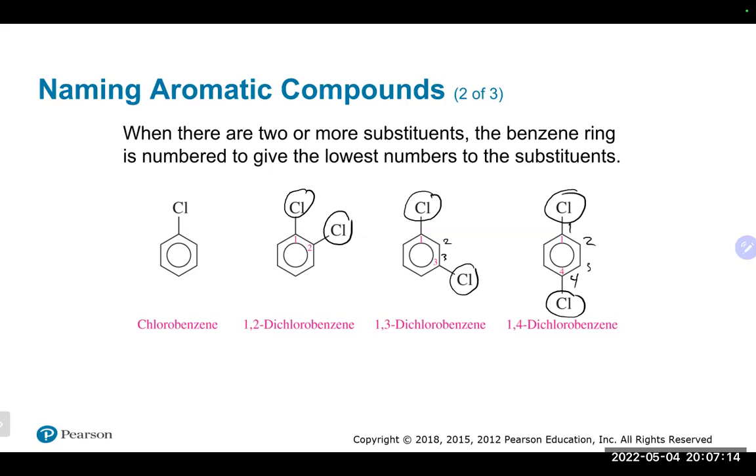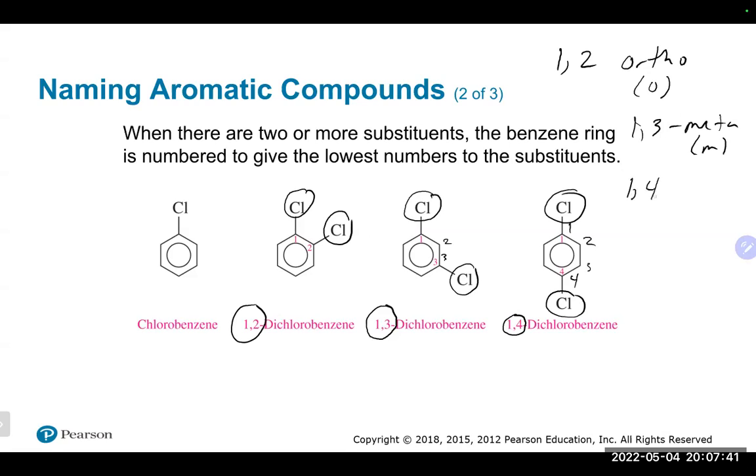The 1,2 position on a benzene ring, like this guy, is what is known as the ortho positioning, or just O. The 1,3 positioning that we see here is known as the meta positioning, or just M. And the 1,4 positioning on a benzene ring, and only a benzene ring we're talking about, is the para positioning, which is sometimes abbreviated with just a P. And sometimes those are used instead of the numbers.